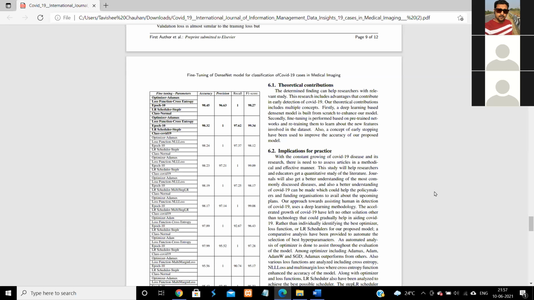Unless you want to go for a journal like Cell or Nature, these kind of journals, obviously you need to have a Nobel Prize level research, right? But there are a lot of journals where a simple understanding of a problem and tweaking a problem so that it gives us a better accuracy can go through.